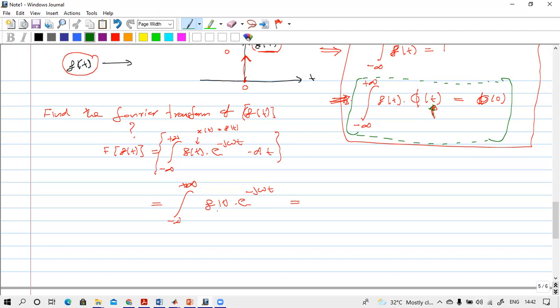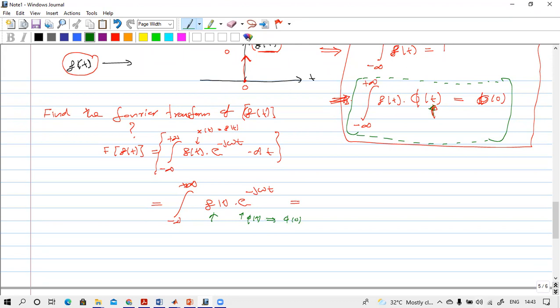So this is delta t and this is our phi t, no? You will get the answer phi 0, which means you have to substitute 0 for t in phi t.